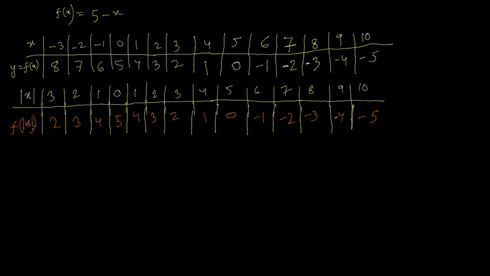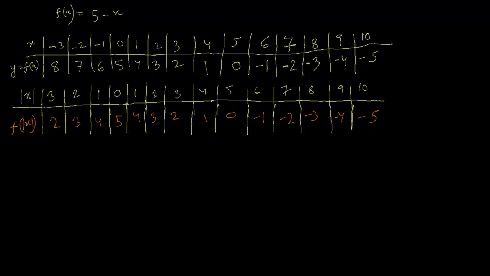In this type of transformation, you have to remember this x is not being used. It is the absolute value of x that is used. So the absolute value of minus 3 is 3, the absolute value of minus 2 is 2, the absolute value of minus 1 is 1, the absolute value of 0 is 0, but the positive numbers are unchanged. So for the absolute value of x, only the negative values of x are affected.